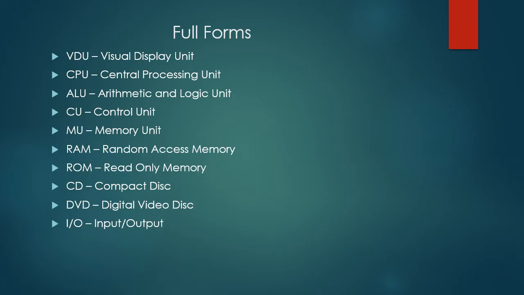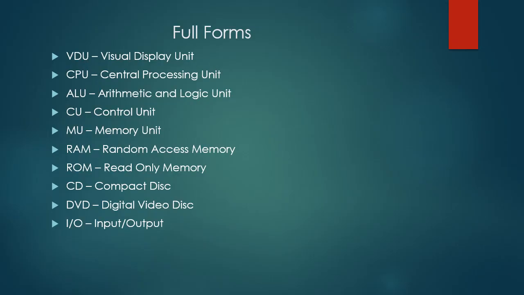Now we see some full forms. The first is VDU, and VDU stands for Visual Display Unit. Second is CPU, and the full form of CPU is Central Processing Unit.